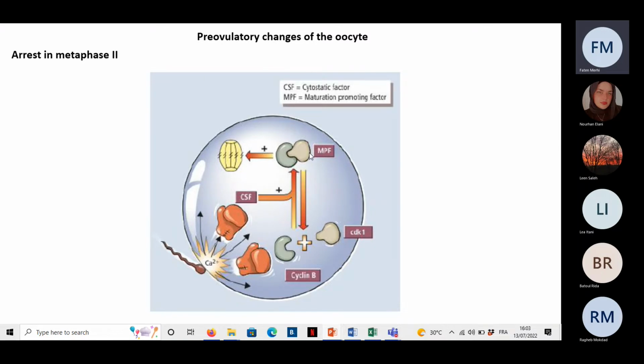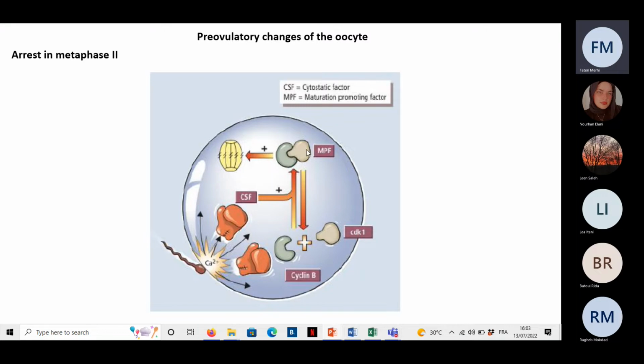Whenever the MPF is present, composed of two subunits, the cyclin-dependent kinase 1 and the cyclin B, both of them form the MPF. The presence of the MPF now in meiosis 2 will lead to the stabilization of the meiotic spindle, or the microtubule spindle, and thus to the arrest of the cells in the metaphase 2.